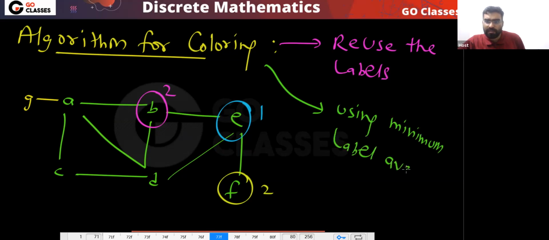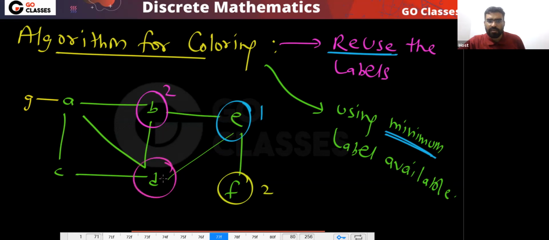For this vertex, which minimum label is available? You cannot use 1, but you can use 2. Are you getting this point? Let me know. This is how you do the algorithm for coloring. You reuse the colors, which simply means that you are using the minimum label that is available.